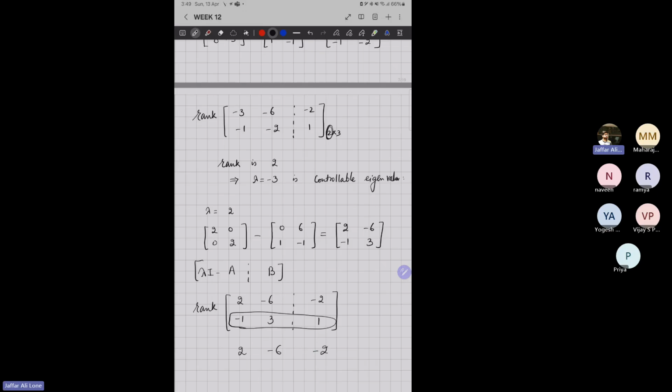If we multiply this with minus 2, what we'll get? 2, minus 6, minus 2. Is it correct? And here, is it possible to get this first row from this second row?